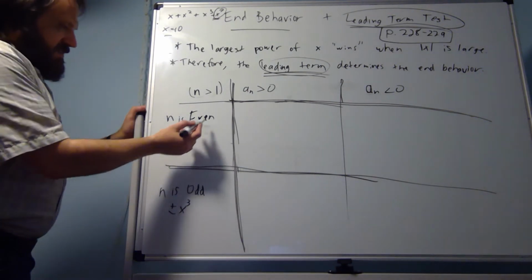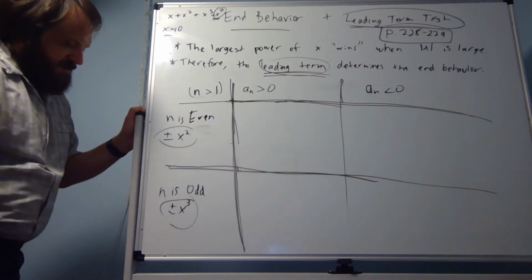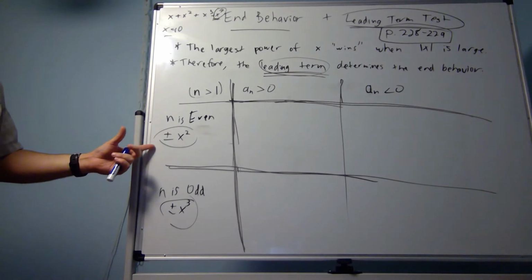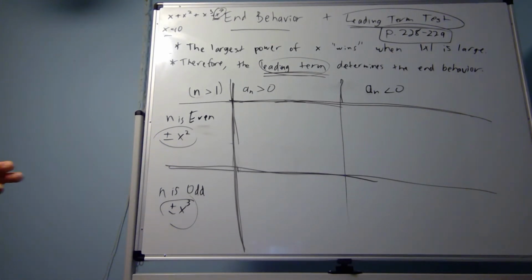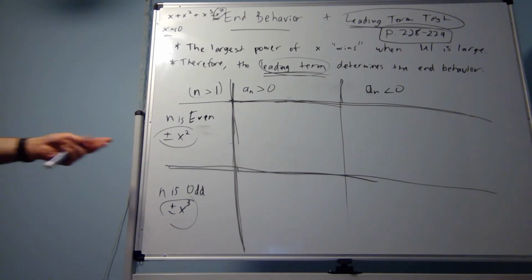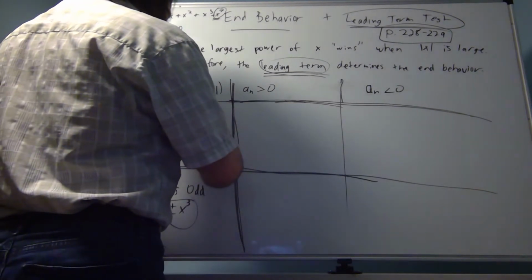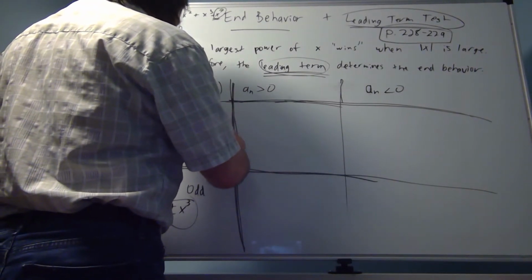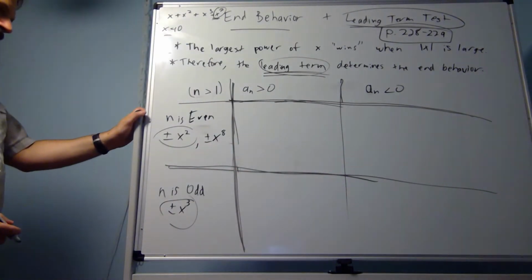You can think of it in your head: if you understand these two, and what the plus or the minus in front accomplishes, then that tells you the end behavior, whether it's x squared, or plus or minus x to the 8th, x to the 132nd.